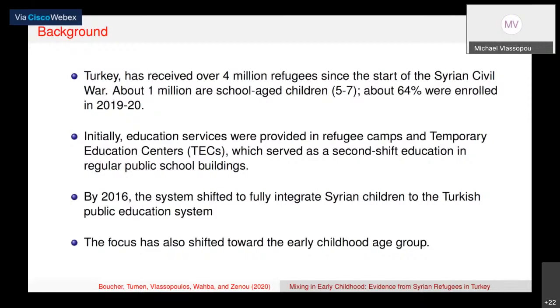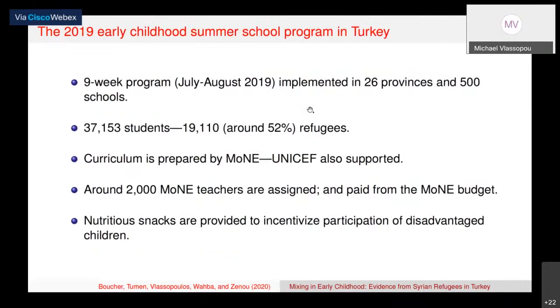Starting in 2016, the system shifted towards integrating Syrian children into the Turkish public education system, and it has been recognized that the integration should focus on younger ages, and this is where the program that we investigate comes in. The program we investigate is part of this effort of integrating refugee kids at earlier ages.